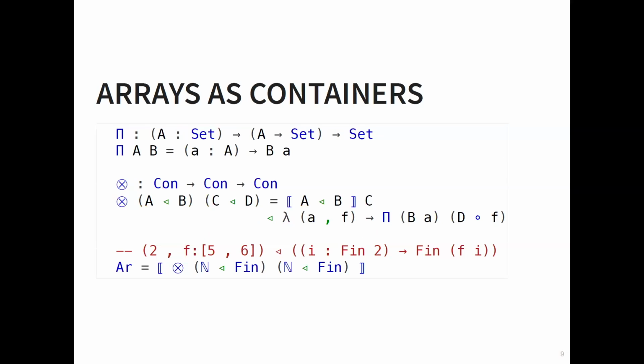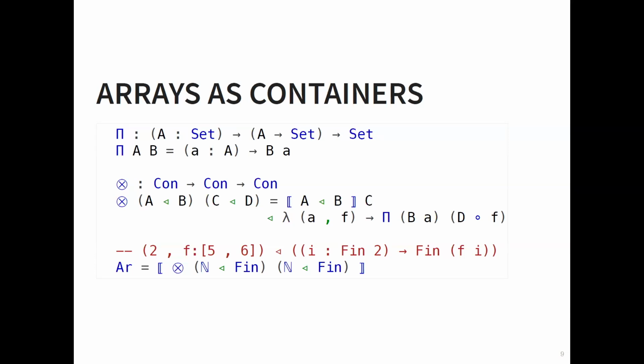Now, the question that I've been interested in for a long time: what is a good representation of n-dimensional arrays as containers? And here's an answer that we found many years ago with Peter Hancock. It was mainly his idea. We found a new container operation that we call the generalized tensor product, that looks like this.